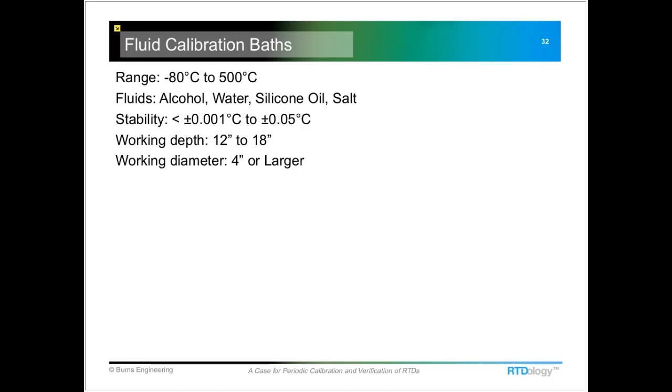They can maybe go to higher temperatures, but for most RTDs, they're limited to about -196 up to 500 C. So usually the fluid baths, and in particular silicone oil and salt, those are probably the two most common liquids that are used.